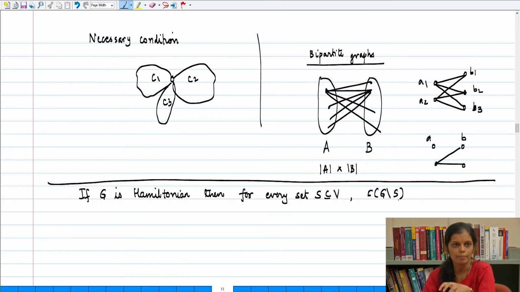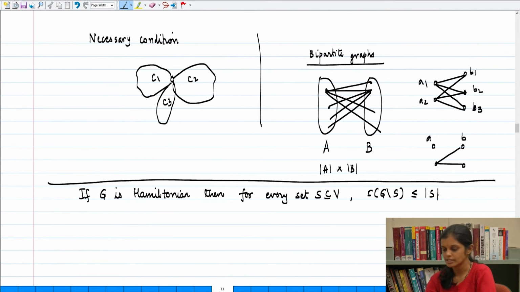The graph that is obtained after you remove the set S from the original graph, right? G minus S could be a connected graph, it could be a disconnected graph, it could be made up of multiple components. So C of G minus S counts the number of components in the graph G minus S, right? So the number of connected components is less than or equal to the cardinality of the set S itself, right?